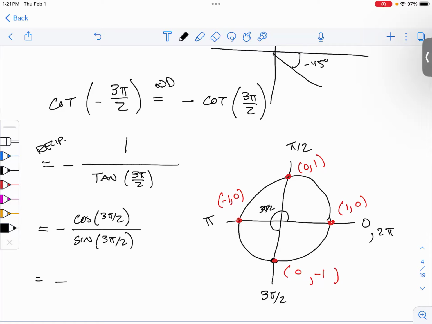We were looking for the point. What is cosine of 3 pi over 2? What is its value? Cosine corresponds to x. Is that the x value? 0.